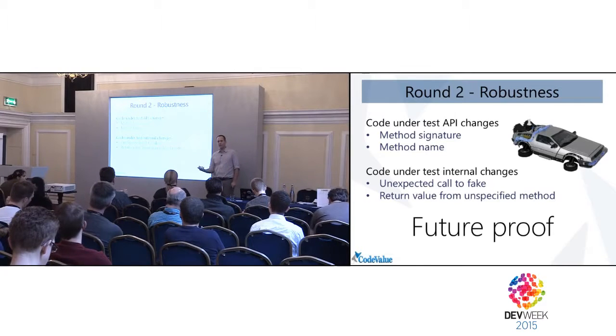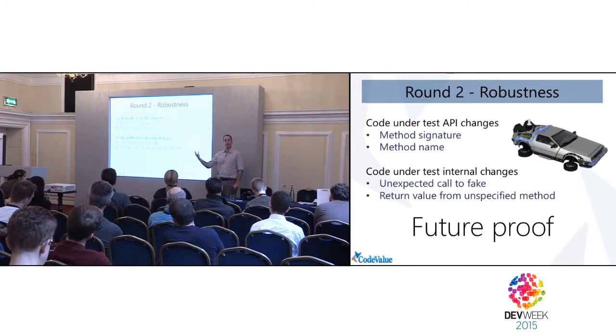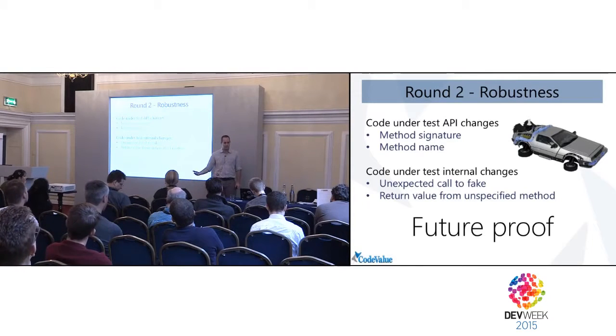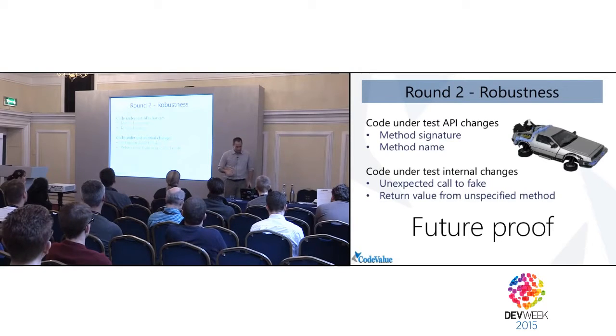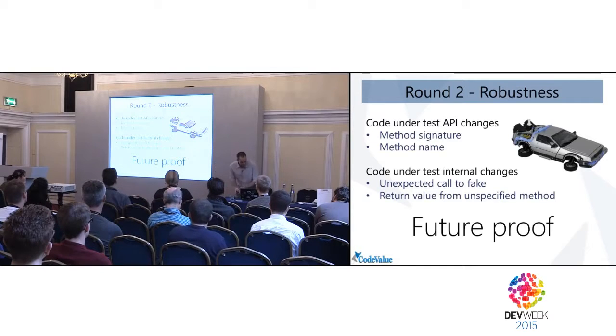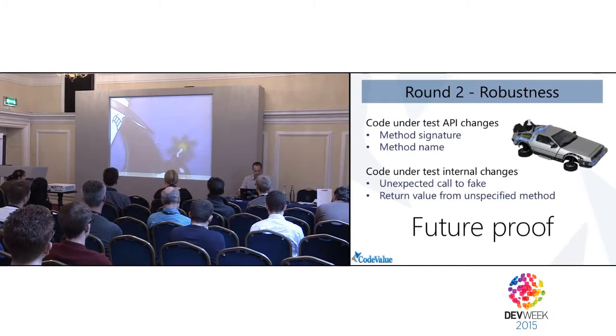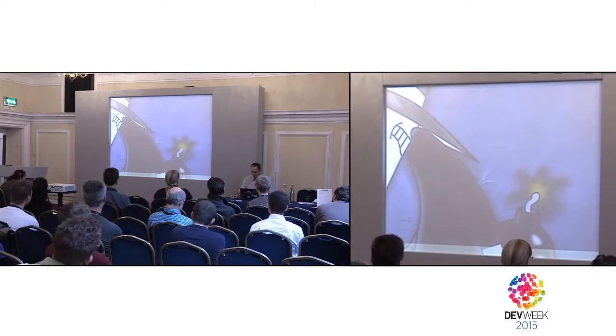Someone called my fake object in a way I didn't anticipate and don't care about. Those are the changes I want my isolation framework to handle for me. In a word, I call it future-proof. So let's see what we have in that department.